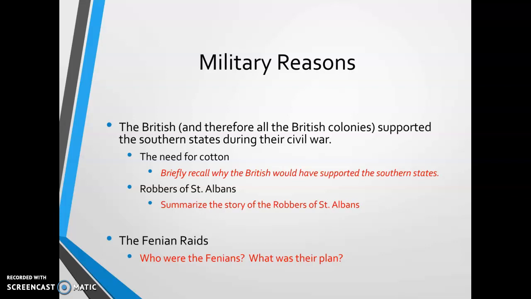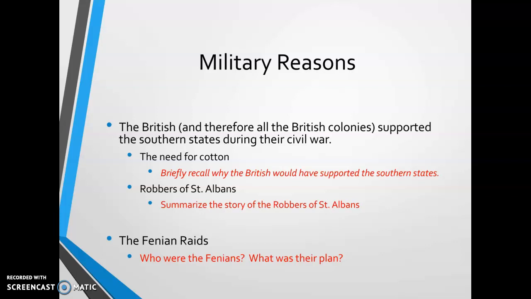So not only were we trying people that were not our citizens for a crime that was not committed in our country, but we tried them anyway, and on top of that, we found them not guilty and gave them back the money. And then put them on a British ship and sent it around to the southern United States so that the money could actually be returned to them. You can imagine that the Americans were absolutely incensed by this.